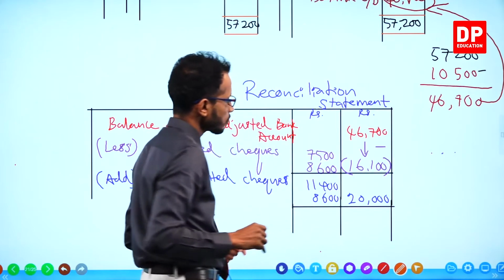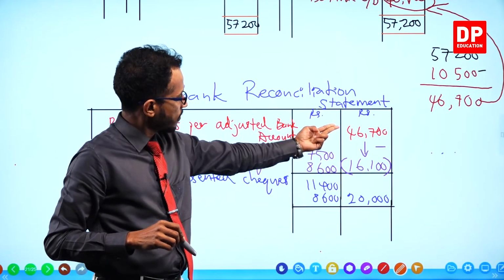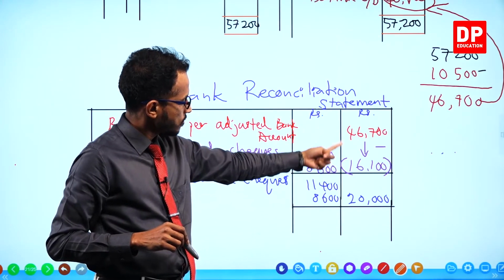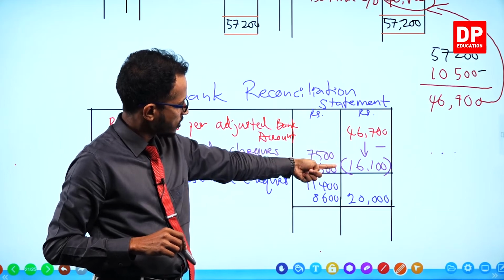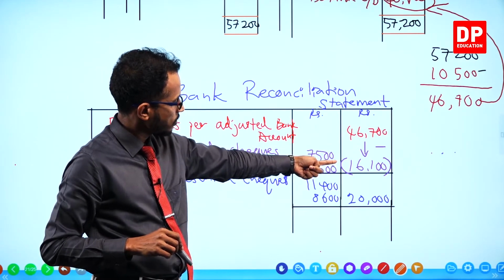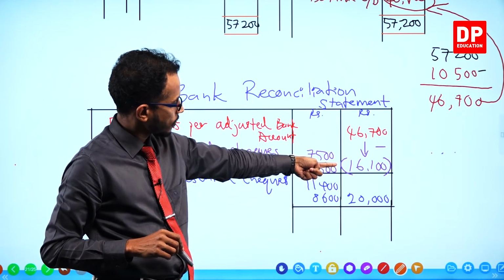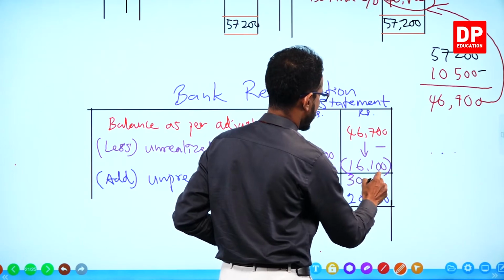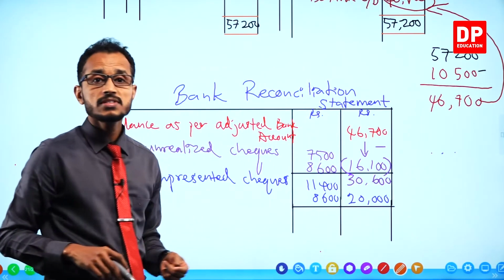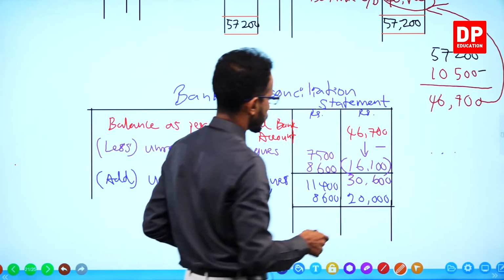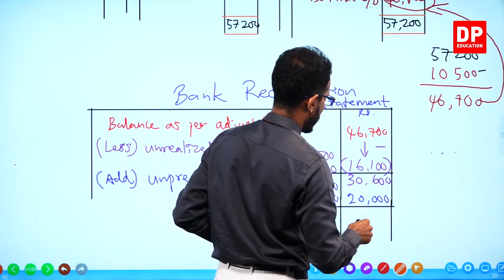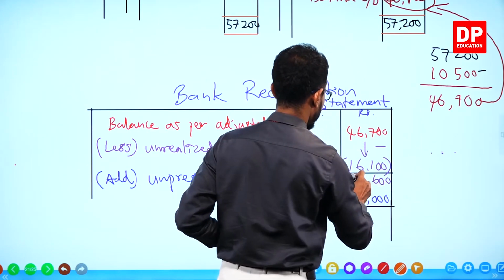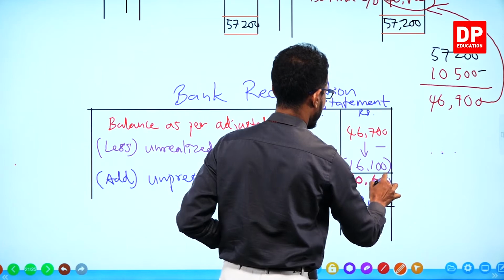Subtract 46,700 from that, minus 16,100. This answer is 46,700 minus 16,100, which is 30,600. Did you get that? 30,600.